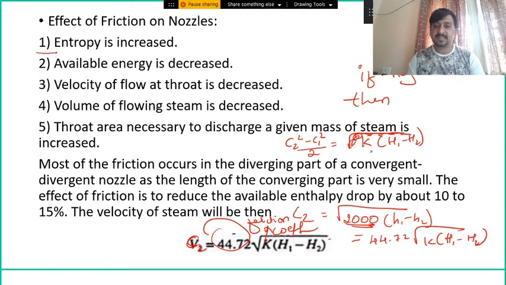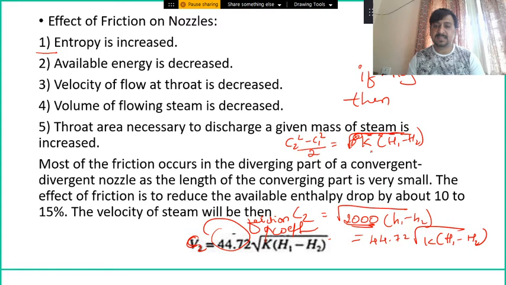So C2 square is equal to 2K (H1 minus H2) plus C1 square.